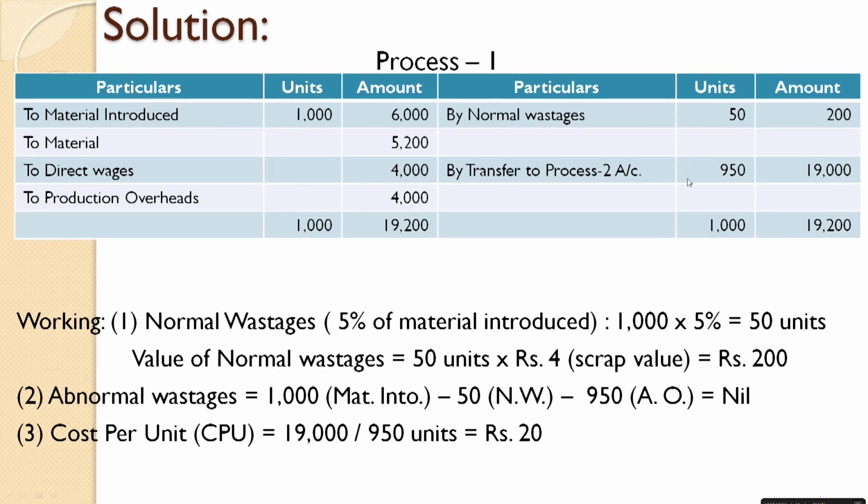As I already mentioned, this is a finished product or completed product of process 1, but it is considered as a raw material for process 2. So at the end of process 1, the finished product becomes a raw material of process 2. Now see, this value will be written in the process 2 account debit side.